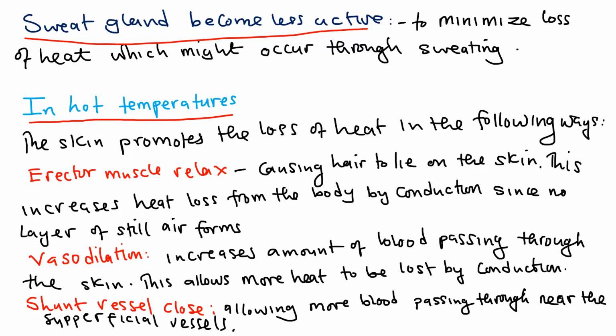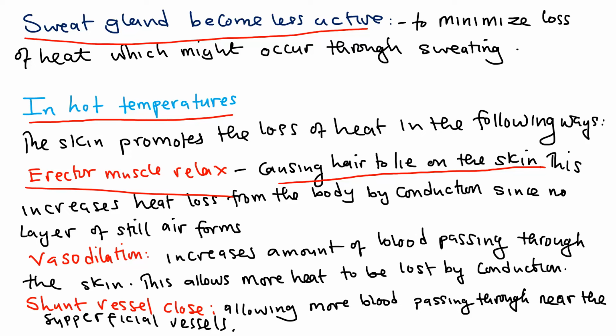So this time around, the erector muscle relaxes. Remember, in the cold, the erector muscles contract. So this time around, the erector muscle relaxes, and there's no pulling of the hair. So the hair lies on the skin. What is the importance of this?